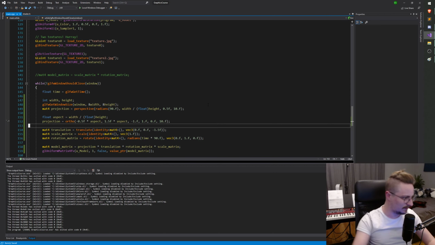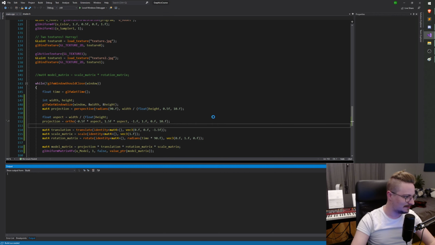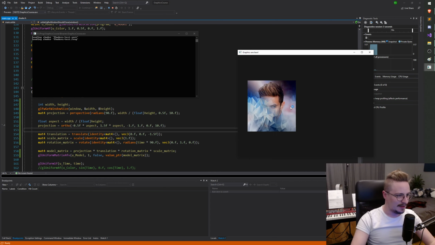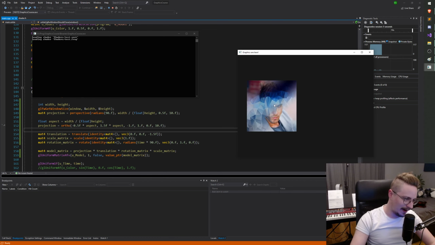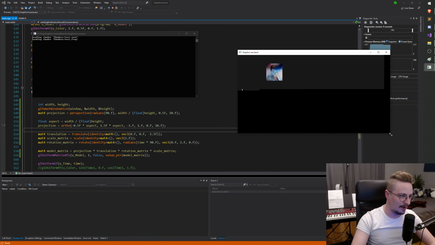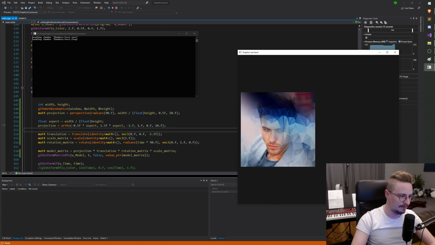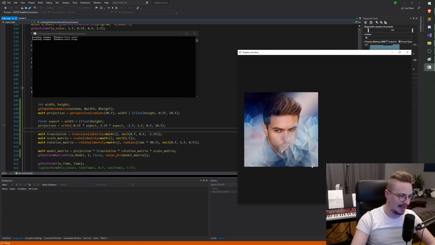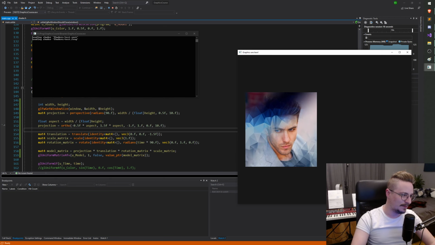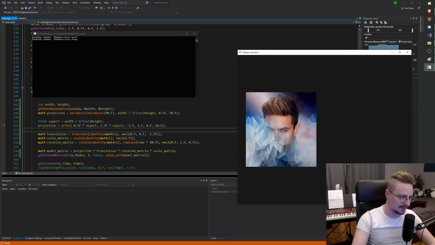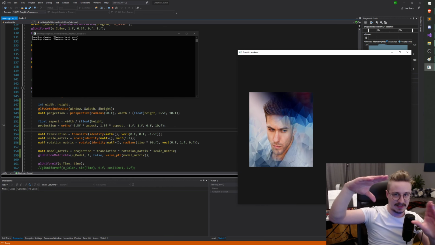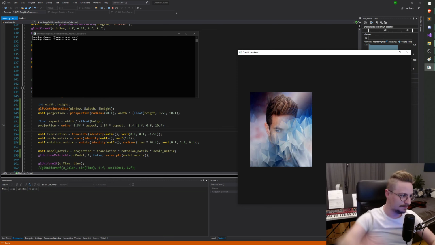I hope I took the right aspects now. I don't remember. Yeah, that's right. Okay, so now the square is actually square, right? It doesn't matter how I resize this now. The square will always retain its square aspect ratio because I built the aspect ratio into the orthographic matrix. So it defines the NDC cube, or the orthographic cube, to have those proportions.